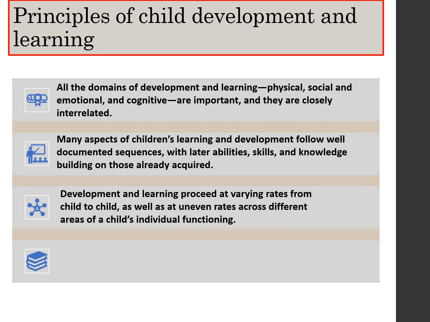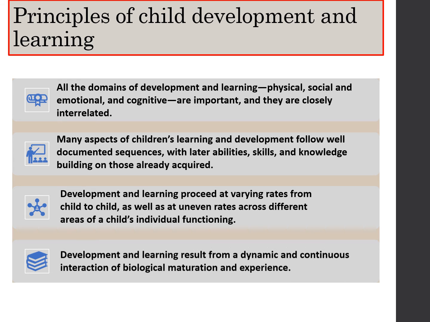Development is the result of interplay between the growing, changing child and the child's experience in the social and physical worlds. For example, a child's genetic makeup may predict healthy growth, but inadequate nutrition in the early years of life will keep this potential from being fulfilled.